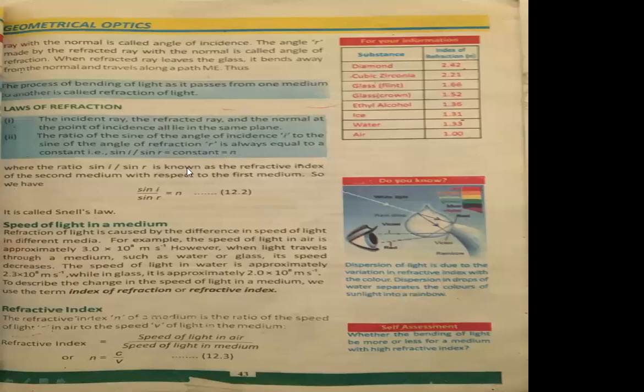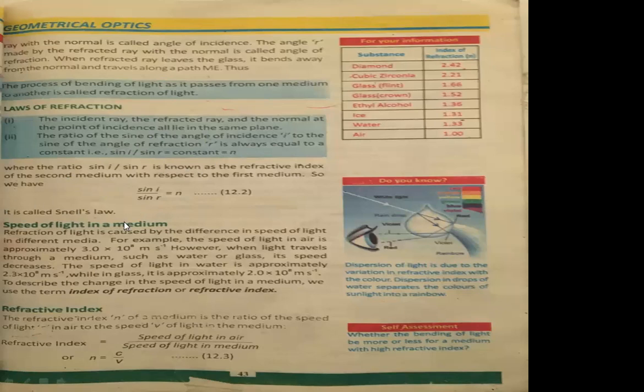So sine i over sine r equals n. This law is called Snell's law, named after the scientist.